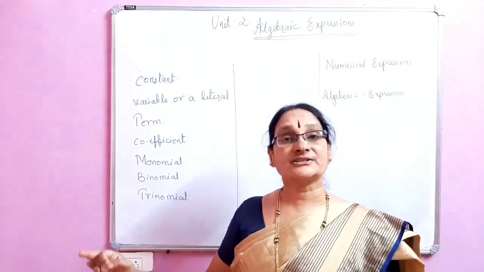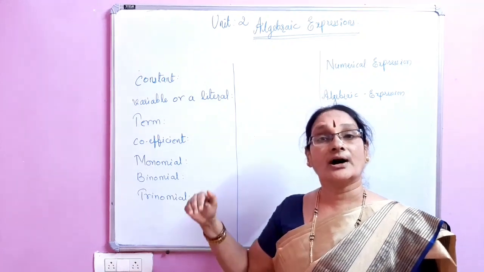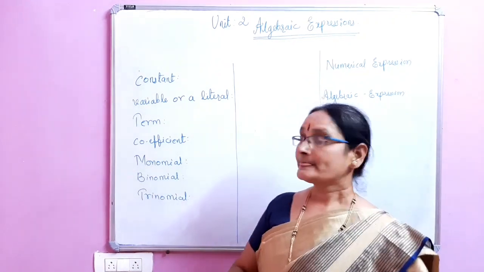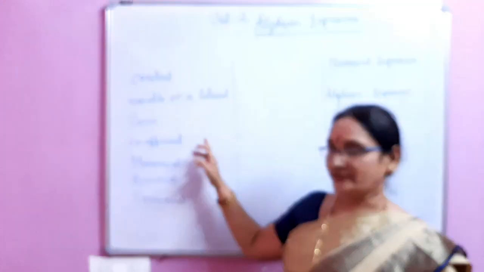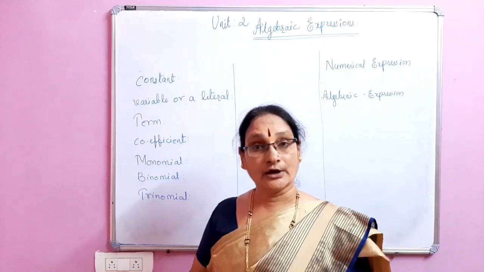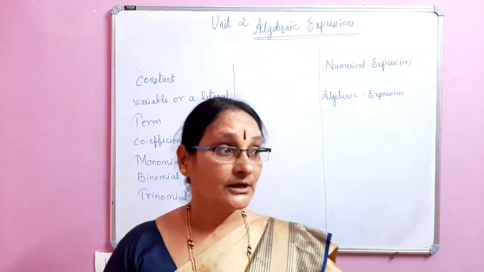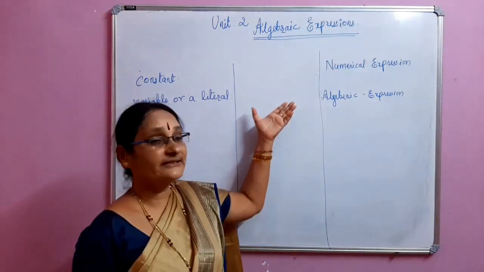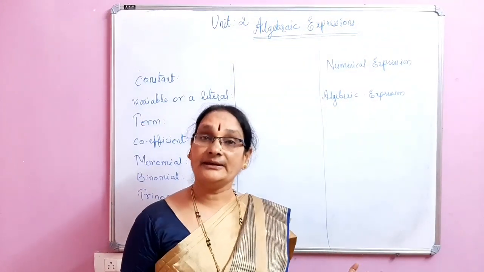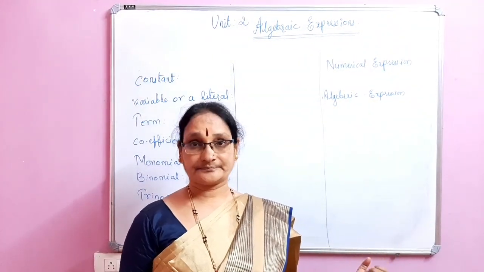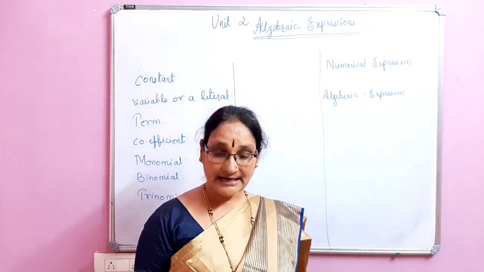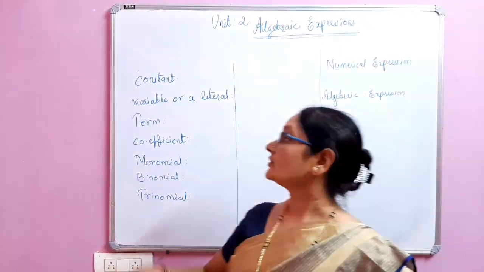We must know all these things to understand algebra. See here: constant, variable, term, coefficient, monomial, binomial, trinomial, polynomial, algebraic expression, numerical expression. These terms are very important to understand algebra well. Now, let us start learning with constant.